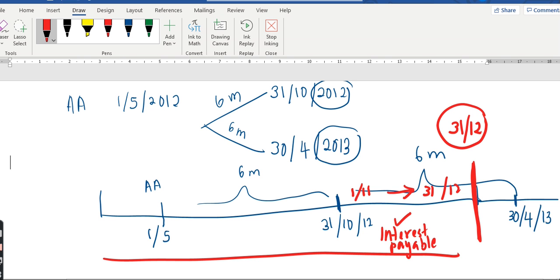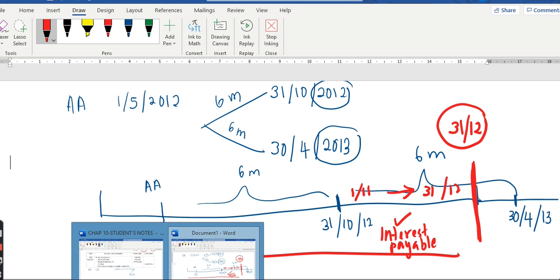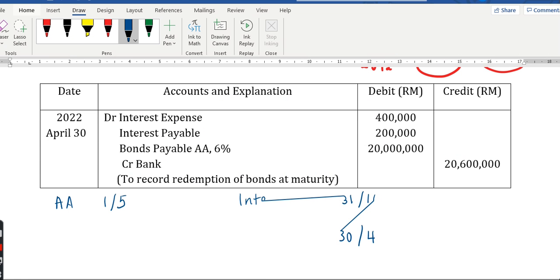Your interest expense earlier was 600,000. That means 1 month is 100,000.